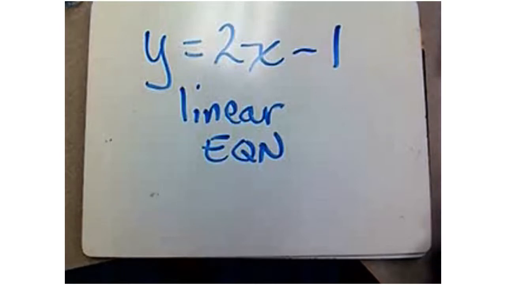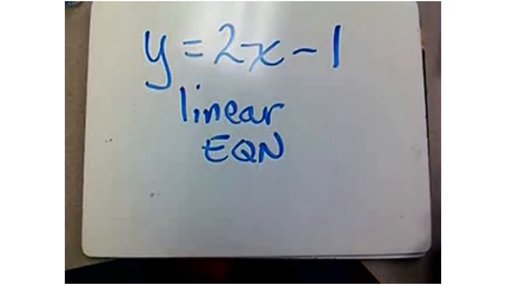In Braille, if you turn the page, it'll have the table, and it'll show where you have x and then 2x minus 1, and then y, and then the x and y points, and it plugs in the values 0, 1, 2, and 3, and then it shows the work.